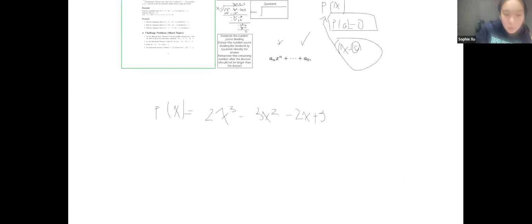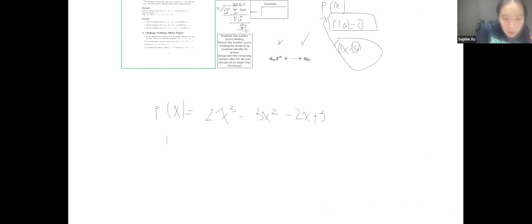Well, let's just say the question asks you to check if x minus 1 is a factor of the polynomial. What would you do? Using factor theorem, we know that if P of 1 is 0, then x minus 1 is a factor, right? So you sub in 1 into P of x.